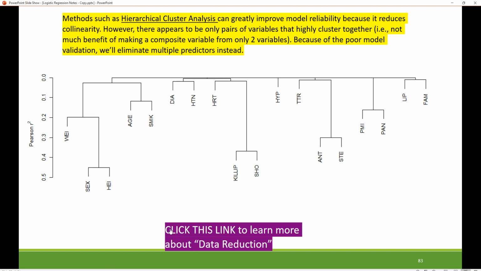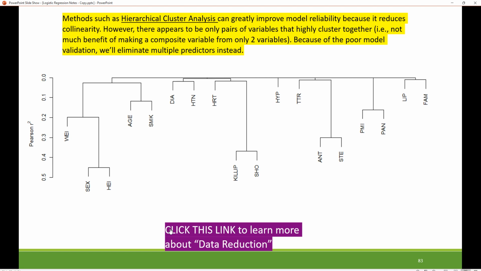So maybe we started with 20 predictors, but say we find that 5 of our predictors are describing the same type of characteristic, maybe the person's physical stature.